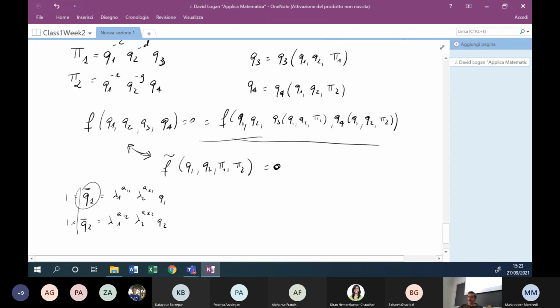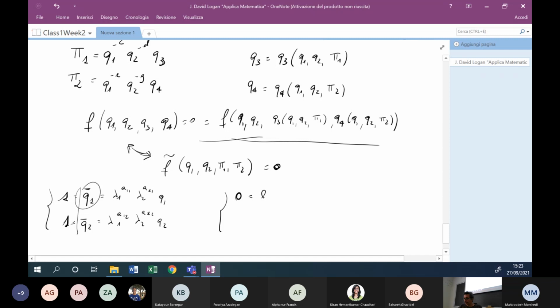If I want Q bar 1 and Q bar 2 to be equal to 1, let's see how I can satisfy this linear system. Let me take the natural log on both sides, left hand side and right hand side. The log of 1 is 0.